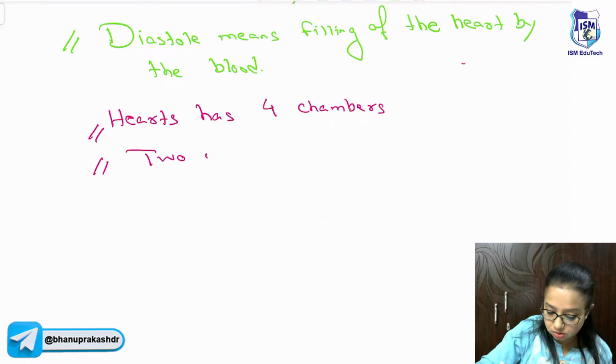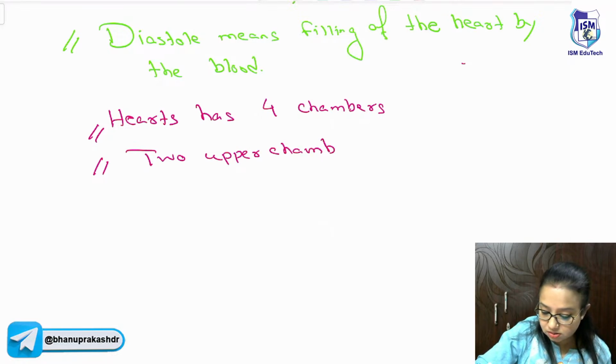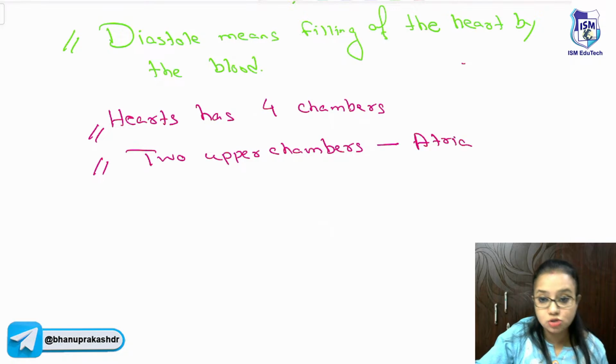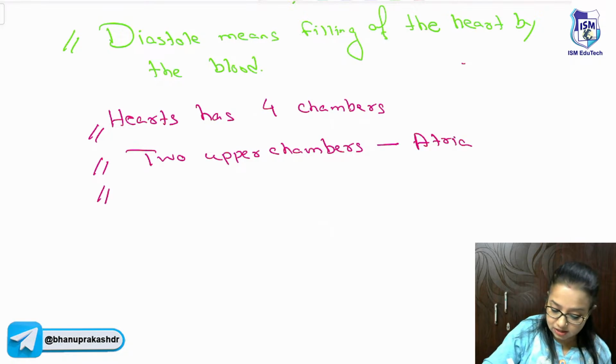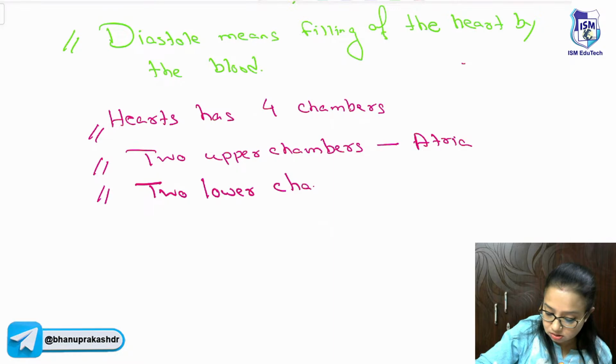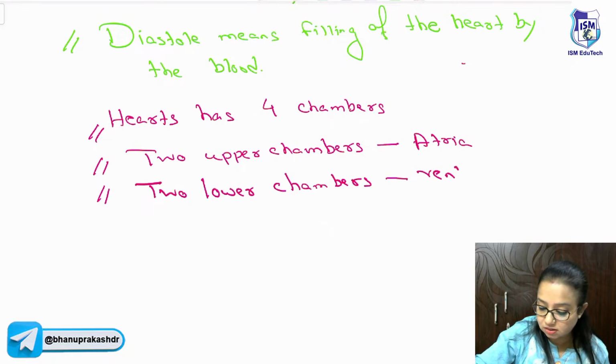2 upper chambers are the atria, right? And 2 lower chambers are the ventricles.